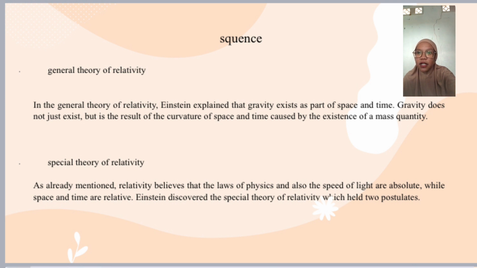And then the special theory of relativity. As already mentioned, relativity holds that the laws of physics and also the speed of light are absolute, while space and time are relative. Einstein discovered the special theory of relativity, which is held to postulate.